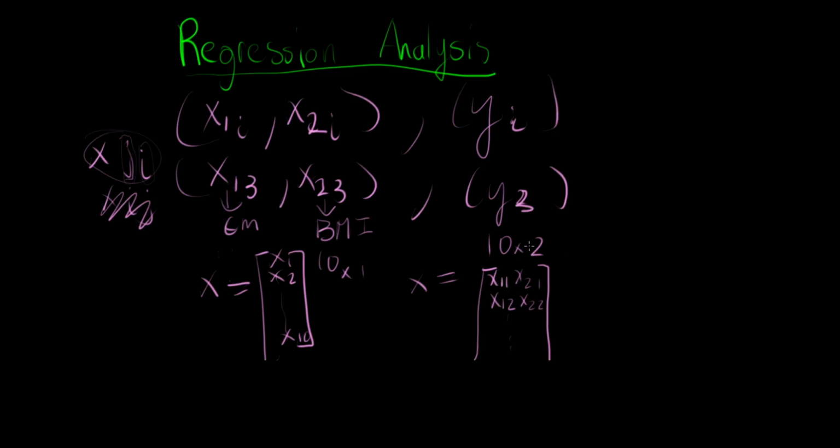The column number represents the covariate. The first column represents the height, the second column represents the BMI, in our case, and the row number represents the ith person. So the fifth row, for example, represents the height measurement of the fifth person and the BMI of the fifth person. And y doesn't change. We still have 10 by 1 with y1, y2 up to y10.